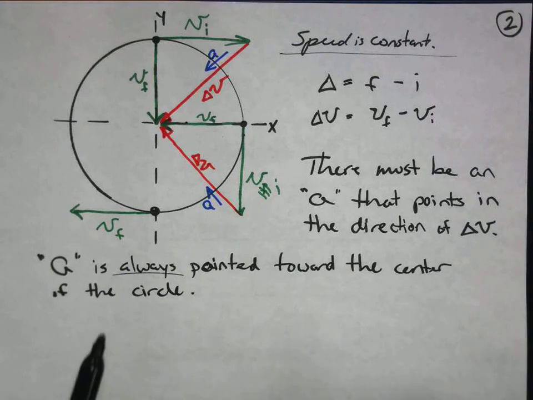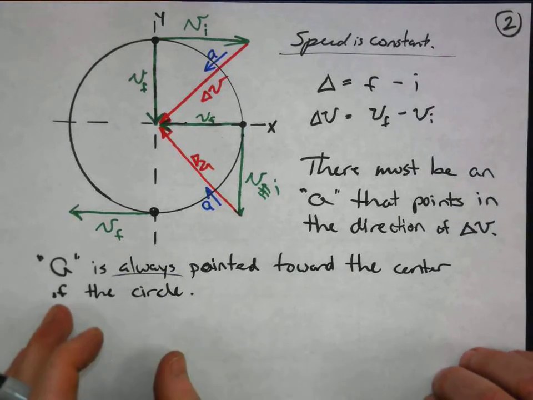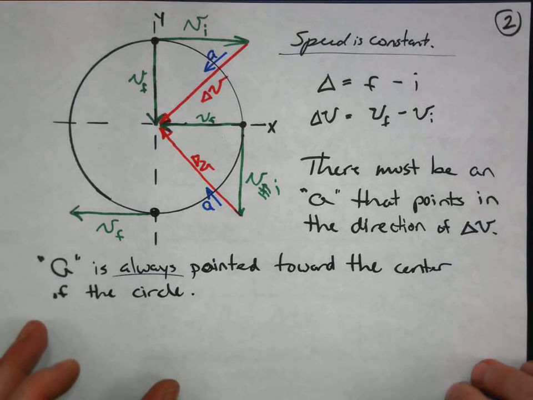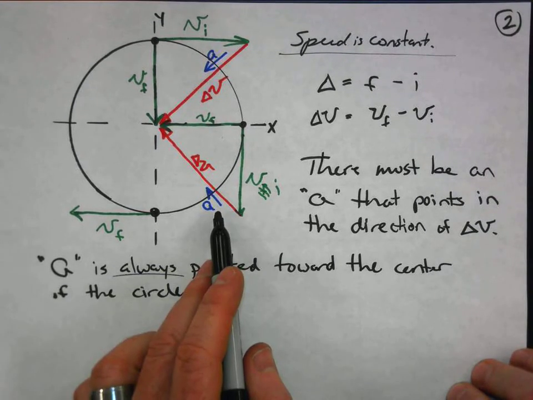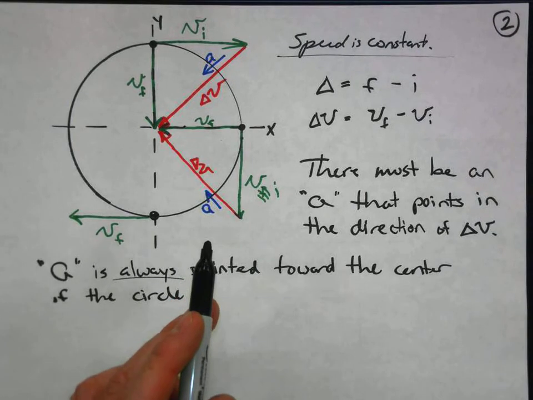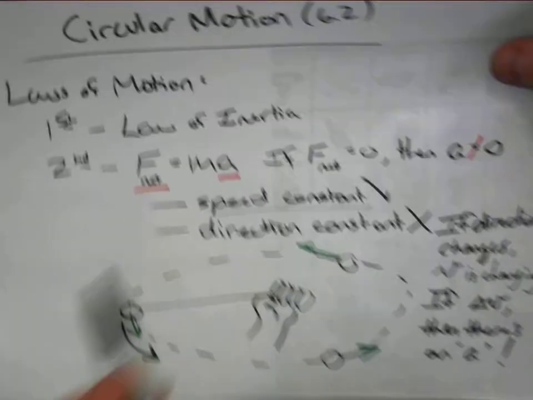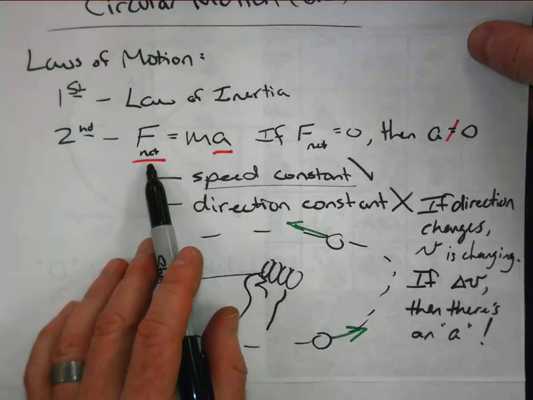All right, now here's the next step, the next connection we are going to make. If there is an acceleration here, of course there has to be a net force. We already said that, right? If there's an acceleration, there must be that net force. Here we go.